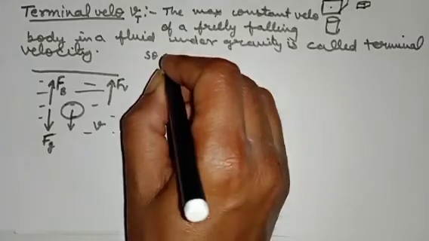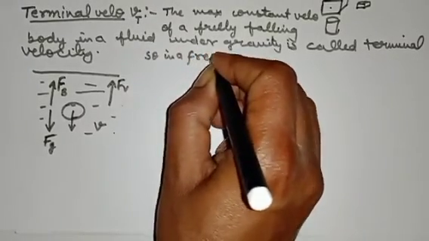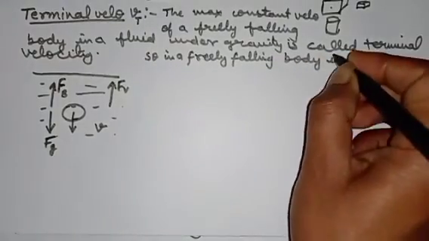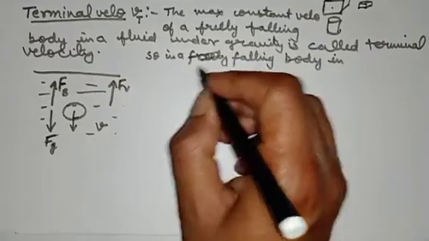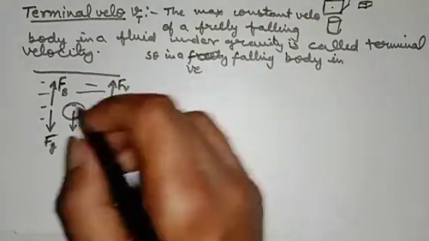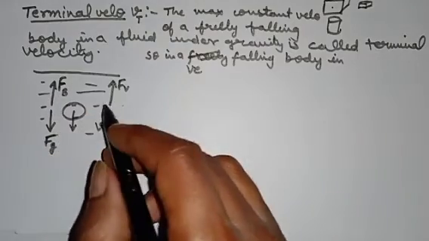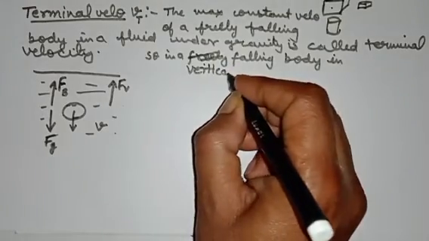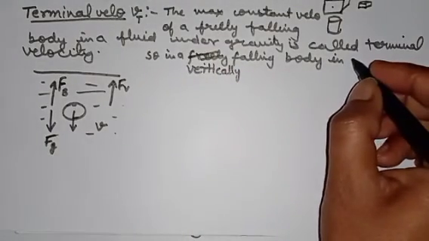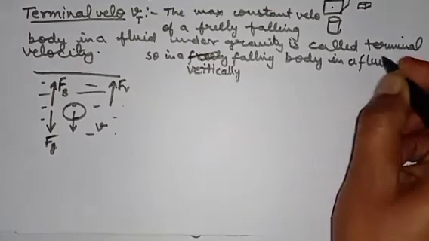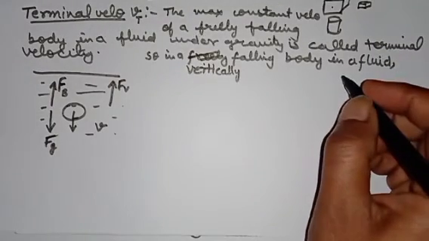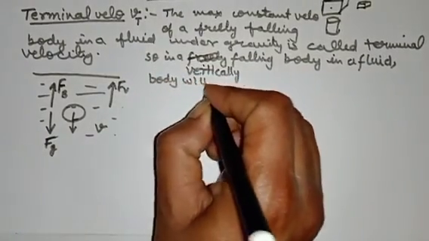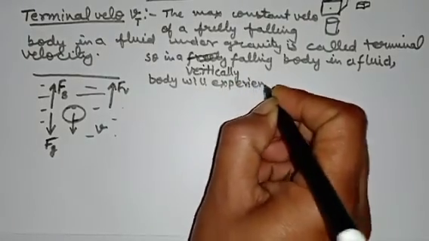So in a freely falling body, actually vertically falling body, why I'm not saying freely, because now it is under the influence of buoyant force and viscous force, so now it is no longer freely falling. A vertically falling body in a fluid will experience three forces.